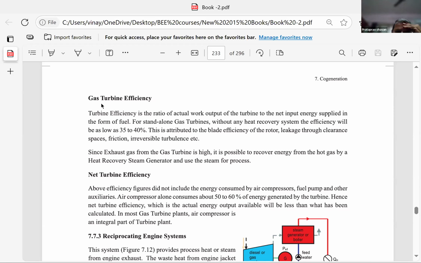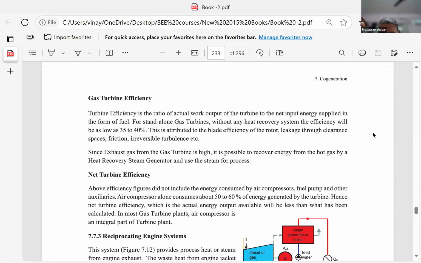So the gas turbine efficiency, net turbine efficiency, reciprocating engine efficiencies, these are the common points. Efficiency, as I have generalized, is output upon input. For finding out the efficiency of any thermal utility, what is the criteria?